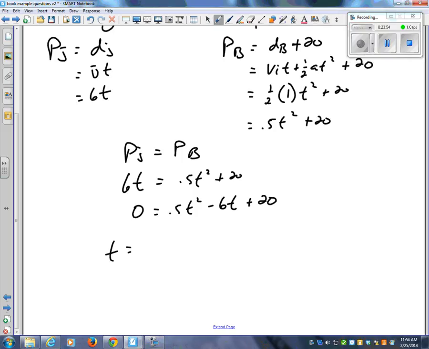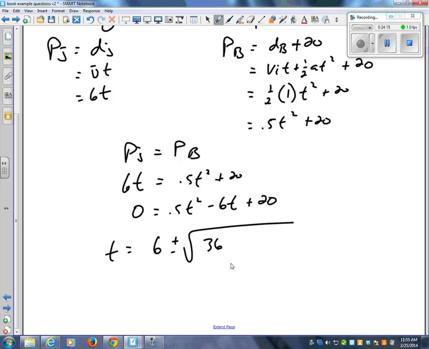minus b. So that's going to be 6 plus or minus the square root. Do I have to write minus 6 squared, or can I just write 6 squared? 36. It's minus b, so minus minus 6, which is 6.